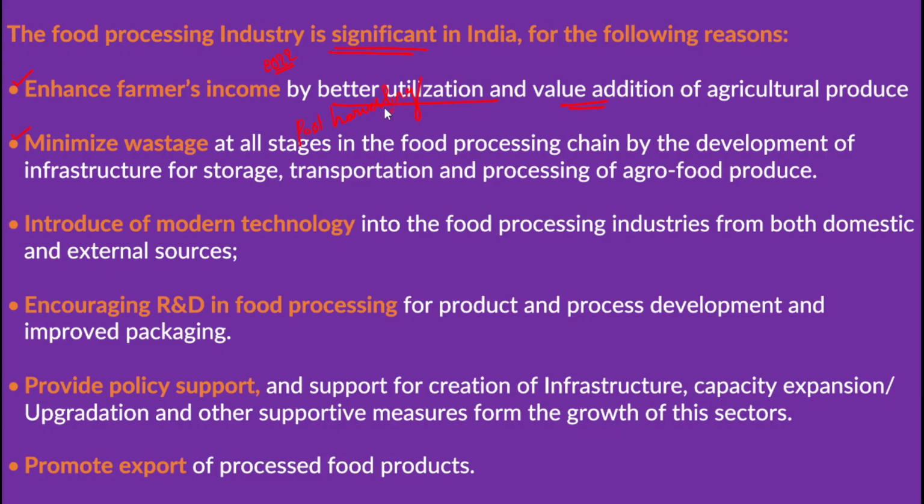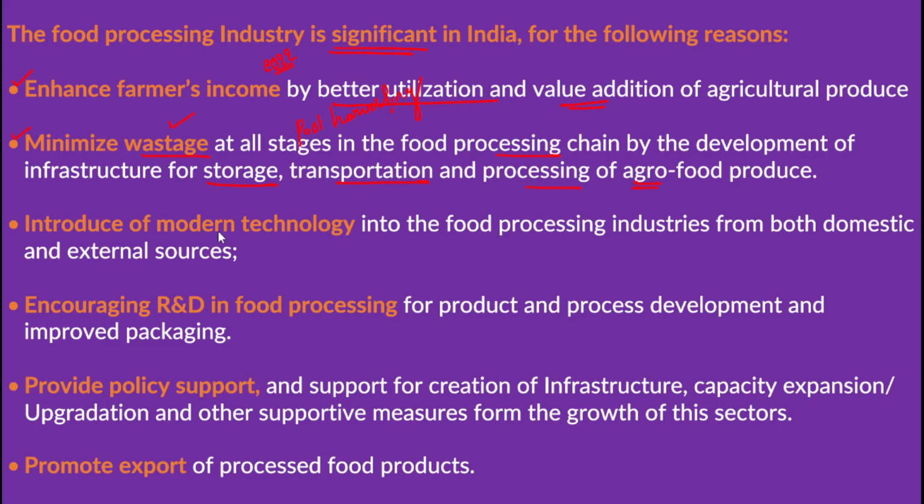However, due to the food processing industry, the produce can be taken to the nearby local food processing industry, thereby quickly adding value to the produce. In this way, we can minimize the wastage. So at all stages in the food processing chain of development, infrastructure for storage, transportation, processing, agro-food produce, everything will be included in the food processing industry, thereby significantly minimizing the wastage.